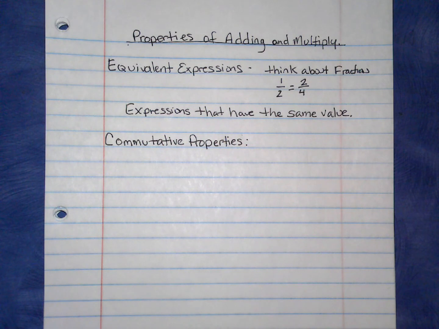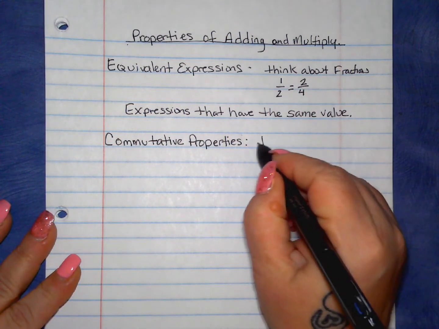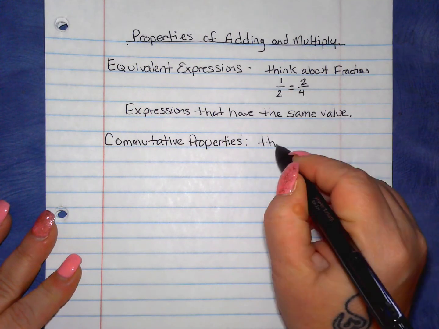But what I want you to think about is commutative means that we're moving something. We're going to take something and put it somewhere else. So we're going to move or commute a number. So the commutative property is about movement.